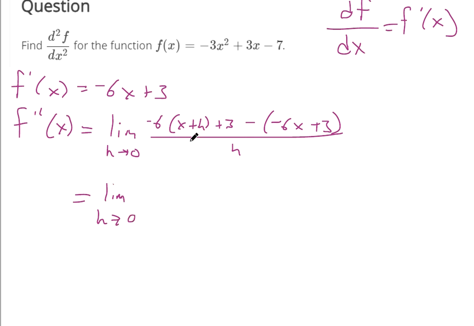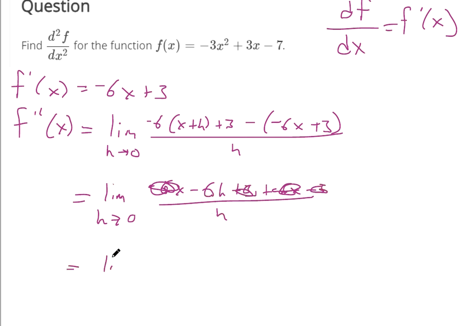So we can distribute that negative 6. Combine like terms, so negative 6x cancel, 3 and negative 3 cancel, and negative 6h divided by h just makes negative 6.